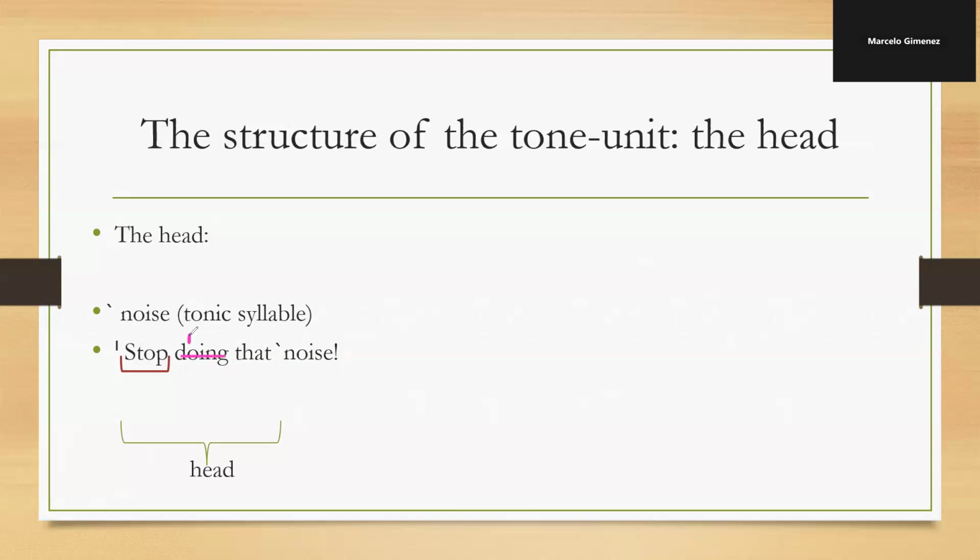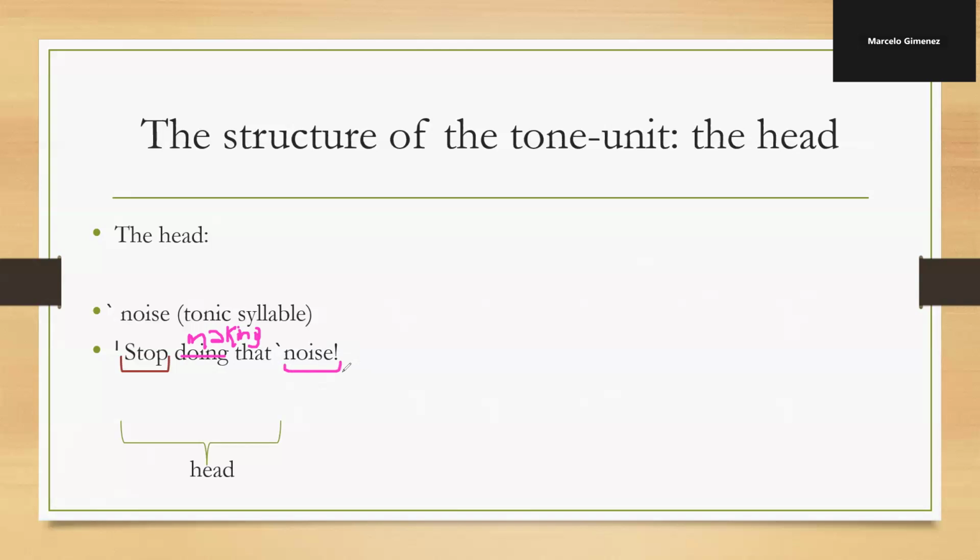Shouldn't it be like making? Well, I'm going to change "doing" to "making". It is my mistake. Yeah, definitely. Can you see it? Never mind. Let's focus on the head and the tonic syllable. So look at this. This is our tonic syllable, noise, our nucleus.